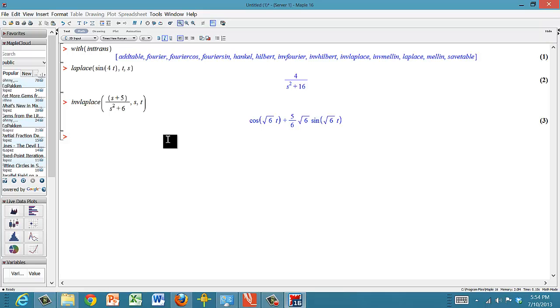Before we go any farther, I need you to remember about partial fraction decompositions. It's a technique from Calc 2. When you have a rational function, you can convert the rational function into a sum of simpler rational functions. Maple can go ahead and calculate partial fraction decompositions for us.